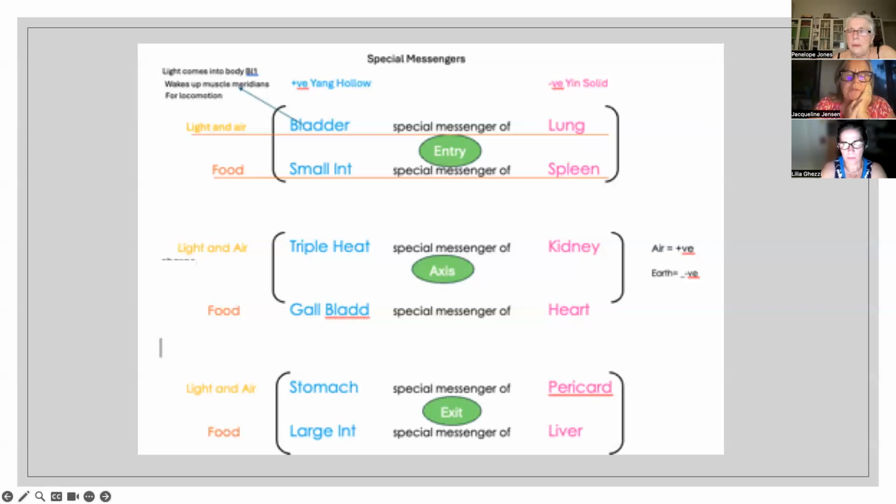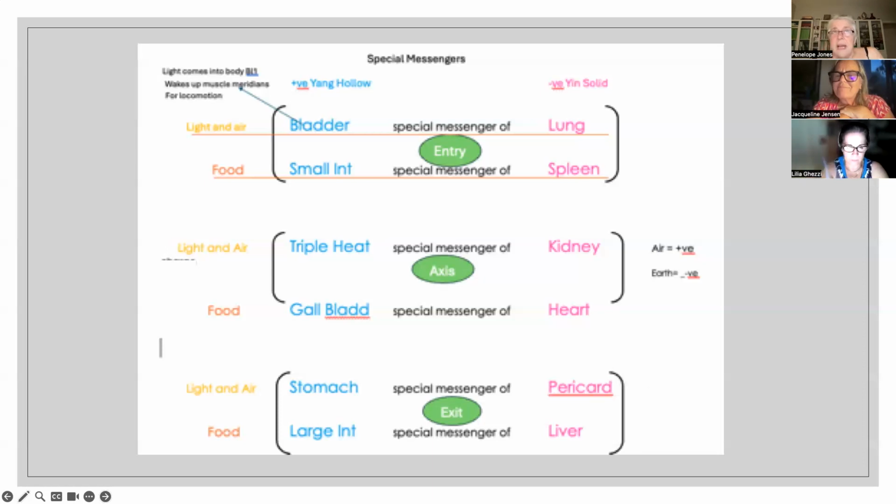Yeah, well, it seems like the special messengers are kind of key. And I think when you have somebody come in with particular symptoms, with those little triangle things that I gave you, that's got the special messenger in it as well. I would suggest you make your own chart, to be honest.